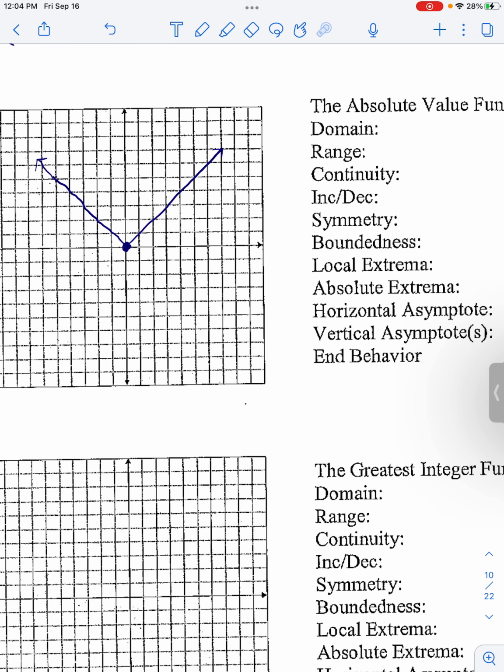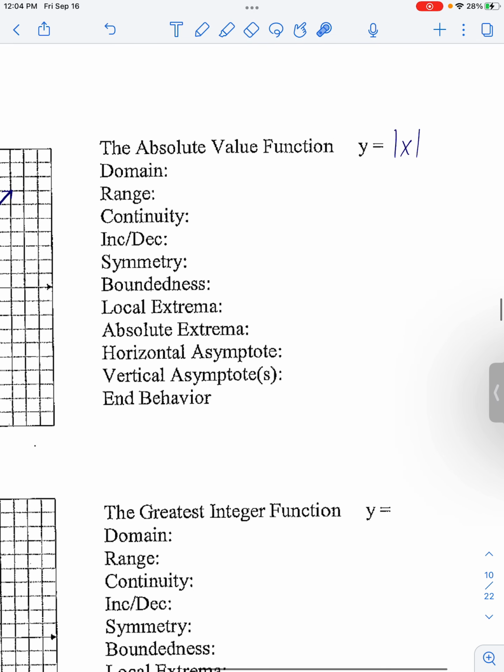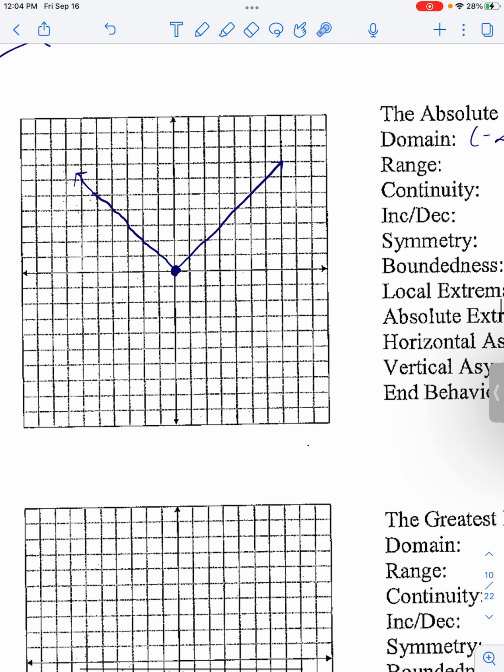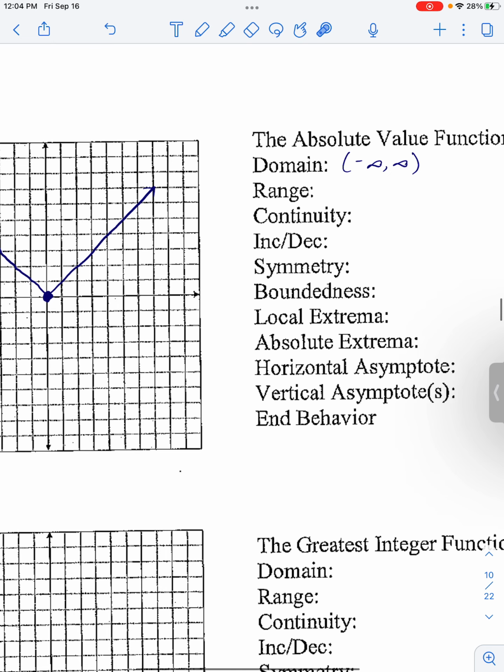So the domain of this function just keeps going to the right forever, keeps going to the left forever, these arrows here. You can see there's nothing we can't plug in for x, so the domain is all reals: negative infinity to positive infinity with parentheses. The range is the set of possible y values. Notice I have nothing below the x-axis, so my function's never negative, but it can equal 0.